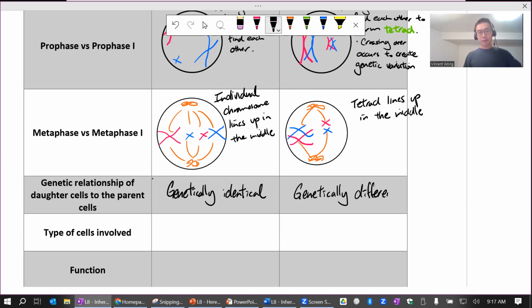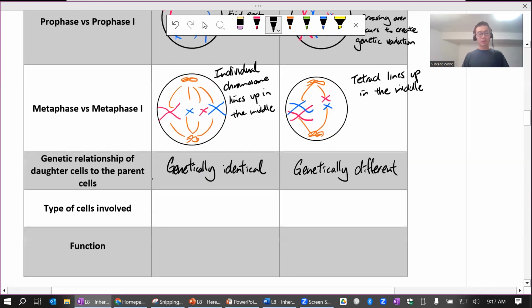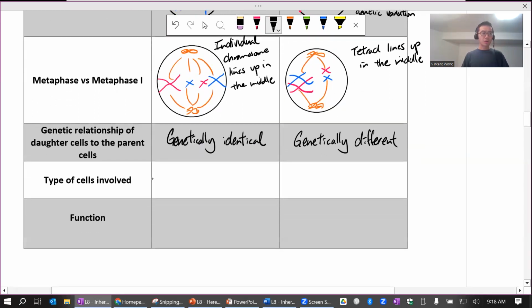Not only are they different from the parent, they are also different from each other. Gamete 1 is not the same as gamete 2. No two sperms are the same. No two eggs are the same throughout your entire lifetime. The chances of creating two exactly identical gametes in your lifetime are virtually zero. The chances are so small.